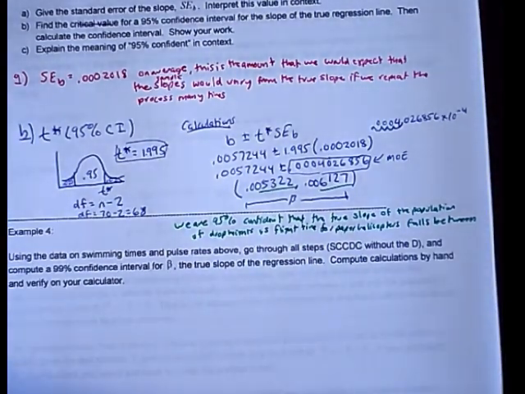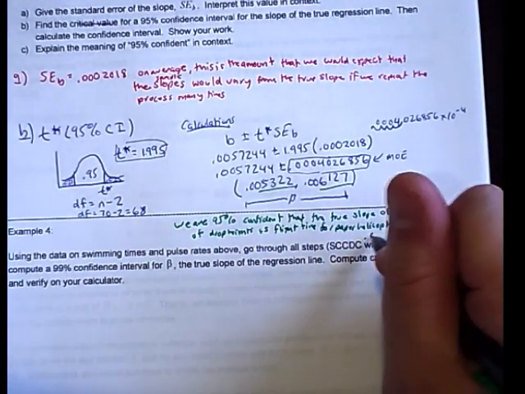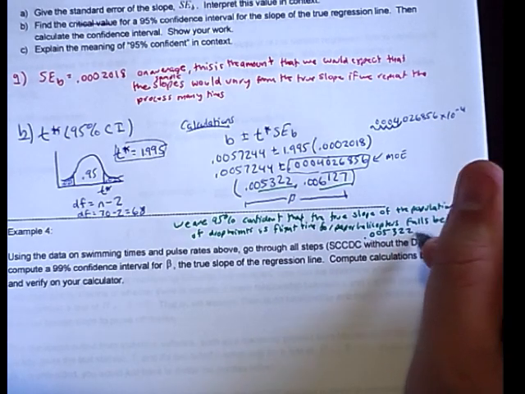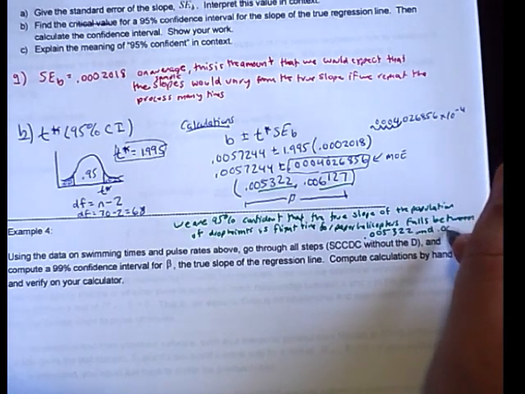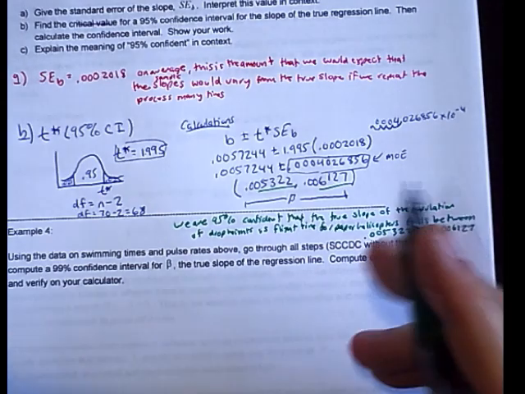You would write that next: 0.005322 and 0.006127. Now what do you notice about this?